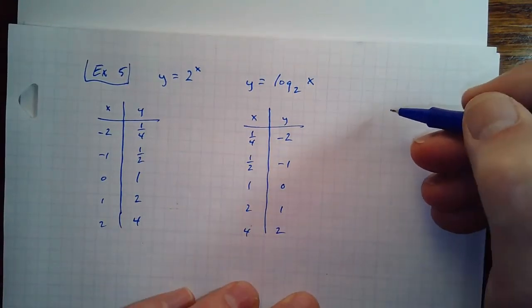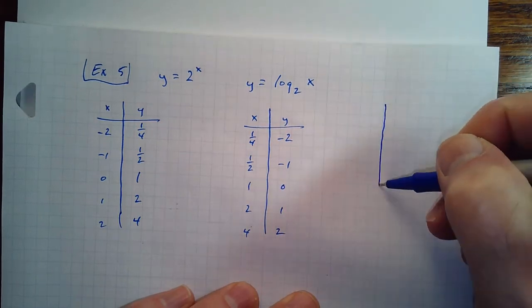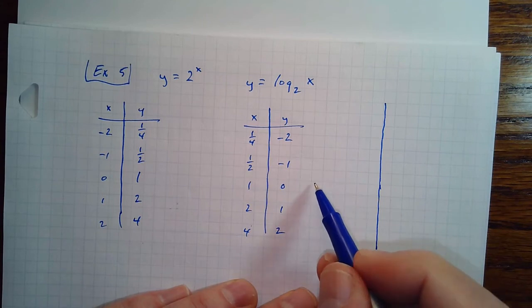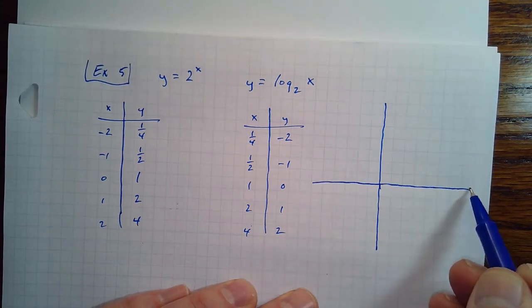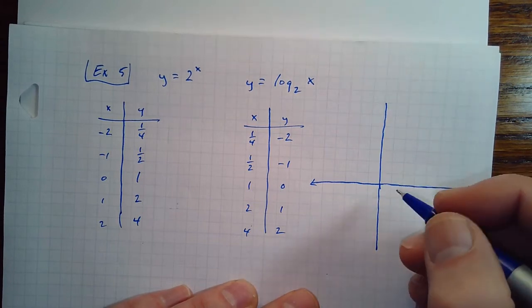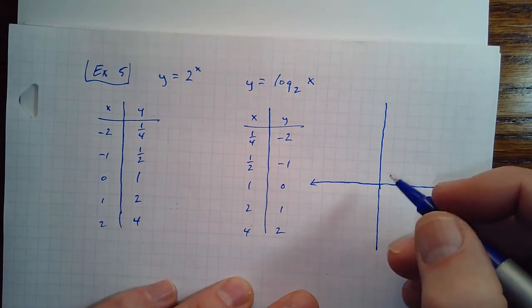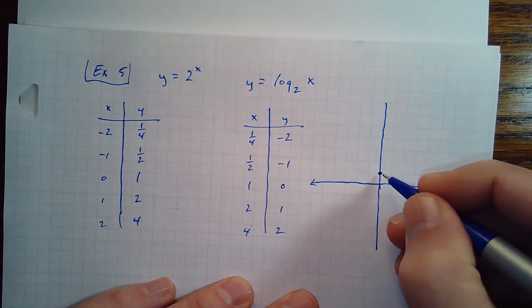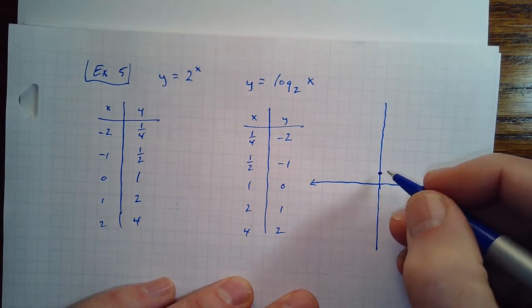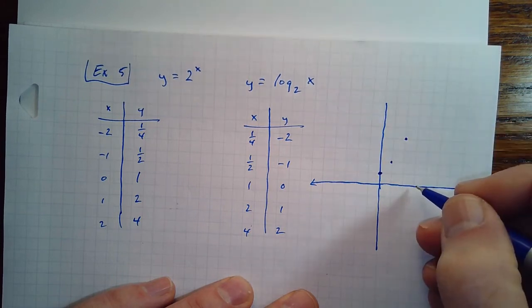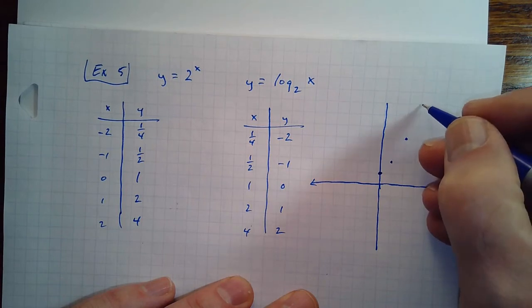So let's see if I have enough room over here. Graph like this. Have each square be worth 1. So this first function, the exponential one, it goes through the y-intercept of 1, and then it goes to 2, and then 4. If we did 3, it would go all the way up to 8.